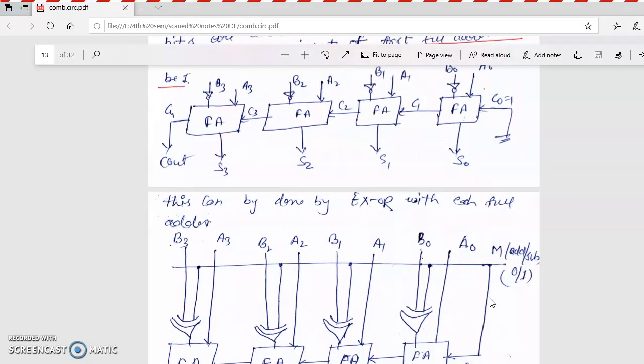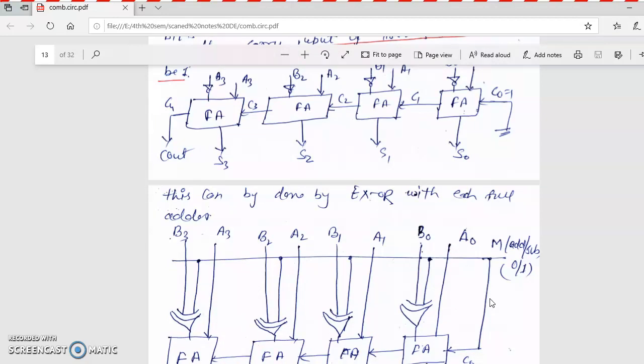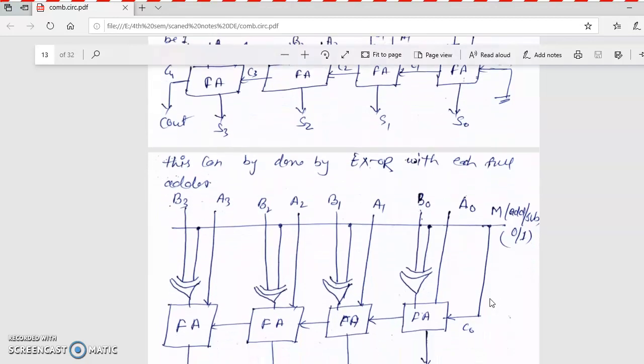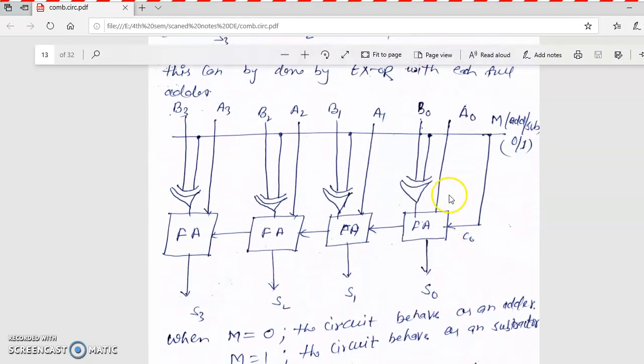Okay, this can be done by XOR with each full adder. Okay, students, this circuit is used as an adder as well as a subtractor. How? This is the control signal M, its value either 0 or 1.